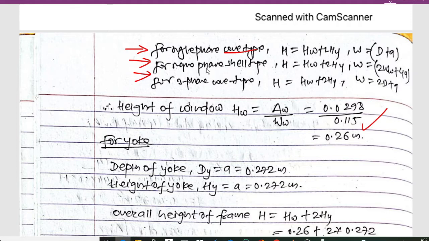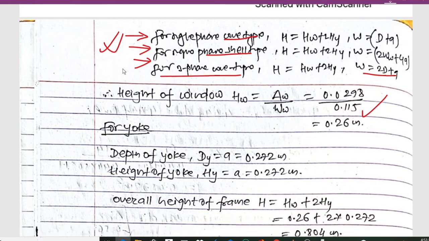Similarly for single phase shell type, S will be Sw plus 2Sy and W will be 2Ww plus 4a. Similarly for three phase core type, S will be Sw plus 2Sy and W will be 2D plus a. So remember these formulas and just calculate all the values and substitute here.